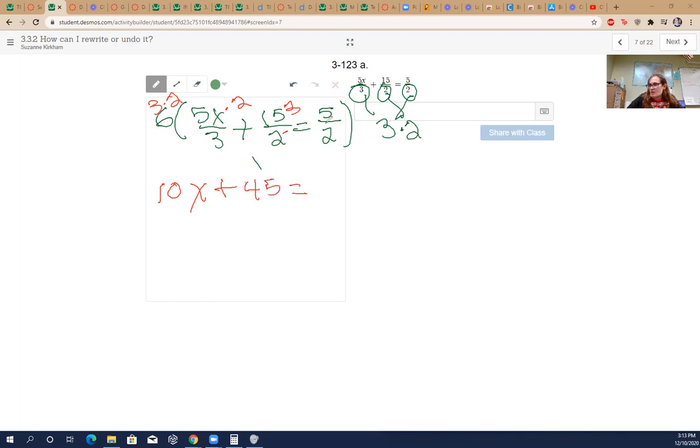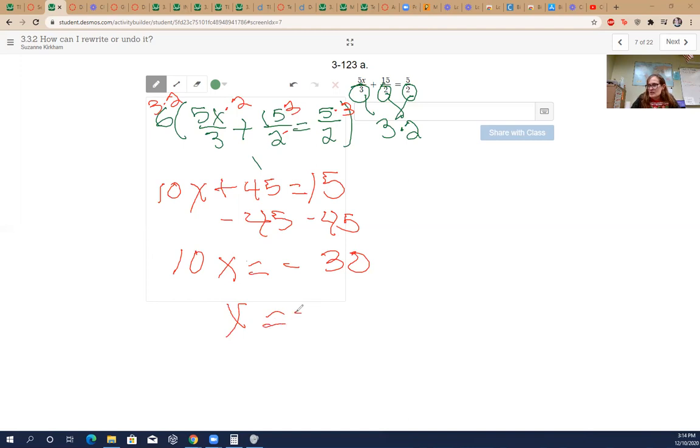And same thing here, we've got a 2 on the bottom, so we need a 3. 5 times 3 is 15. All right, so now we just solve our equation. We subtract 45 from both sides, and 10x equals negative 30. Divide both sides by 10, so x equals negative 3. That's what we put in our answer box.